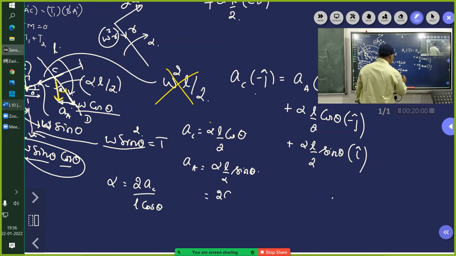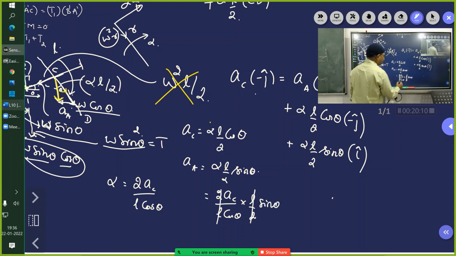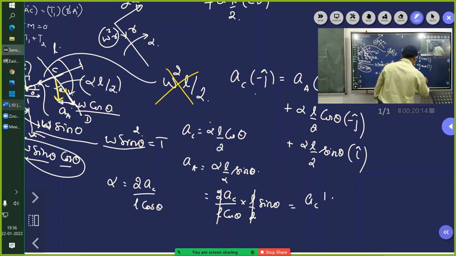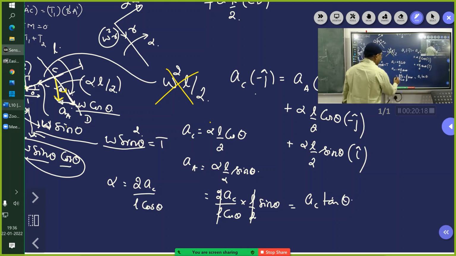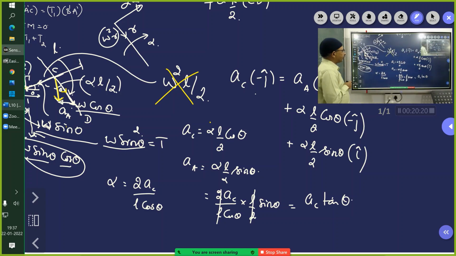So you get 2AC by L cos theta into L by 2 sin theta. Here L by 2 will cancel and AC will remain. So you get AA equal to AC into tan theta. Okay, I think we are all right.